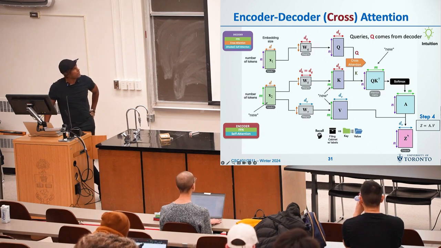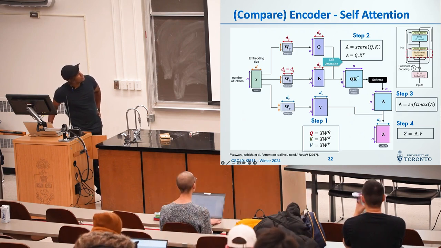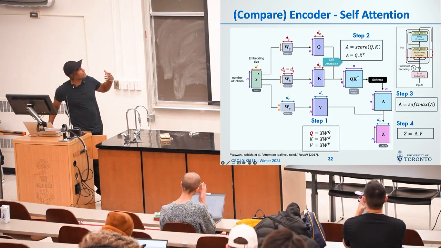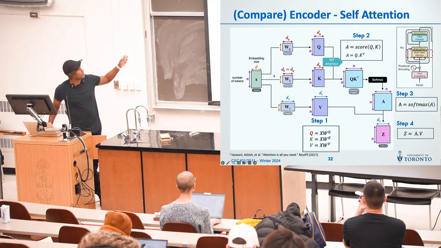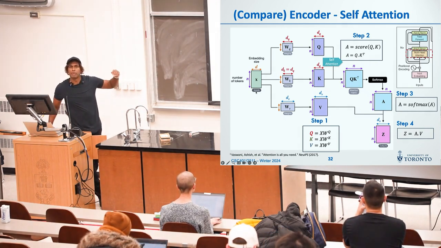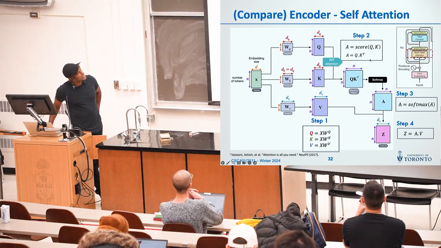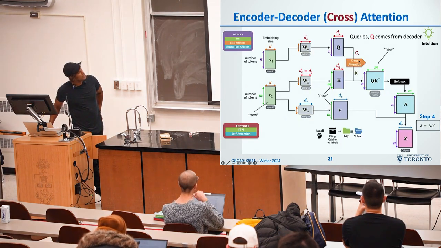Okay. The only difference is that here I've pasted that self-attention slide again. So when you're doing self-attention, the Q, K, V all are coming from the same source, sort of like the encoder tokens or the decoder tokens, right? So the attention is again between your query and key matrices, but here it's self-attention, and here it's cross-attention.